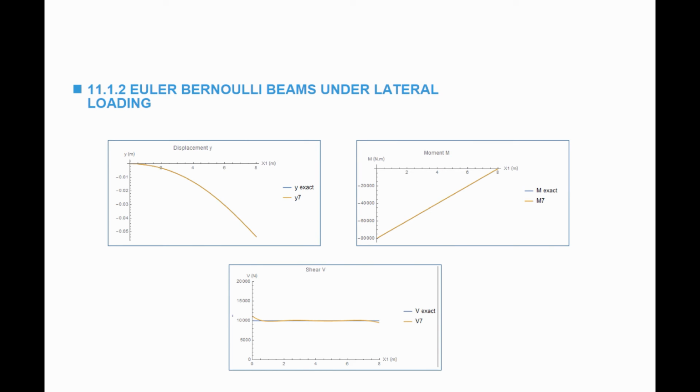If you continue the procedure and use a seventh order polynomial, you'll get a displacement identical to the exact, a moment identical to the exact, and a shear also identical to the exact. So you can see that by increasing the polynomial order, your approximation gets closer and closer to the exact solution.